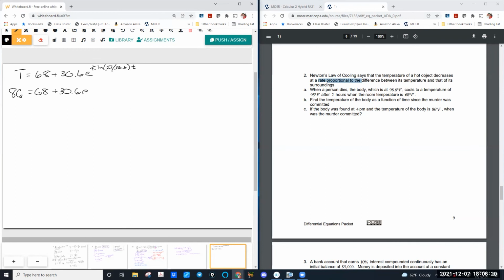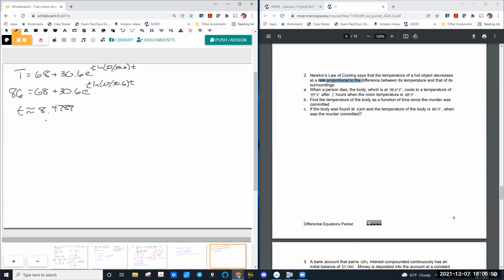The solving steps are going to be exactly the same as the steps that we used to find k. So I'm not going to go through those again, but when you solve this, you're going to get that t is approximately 8.4789.